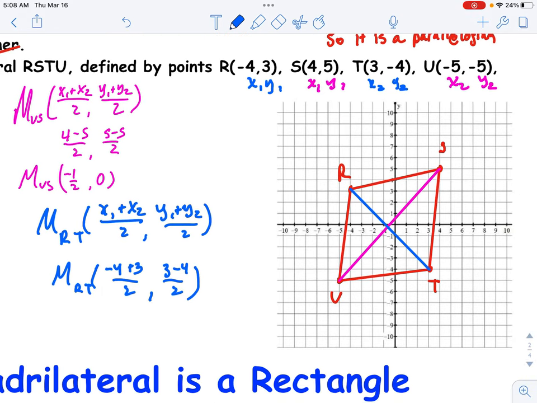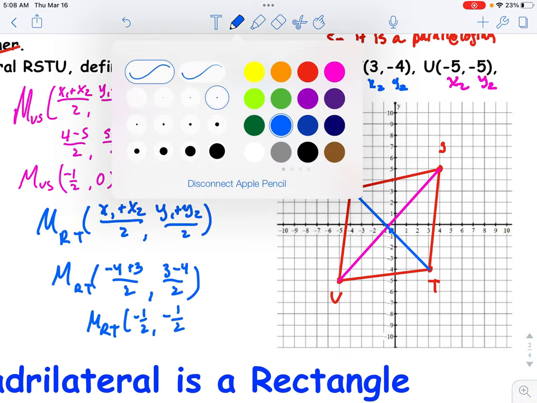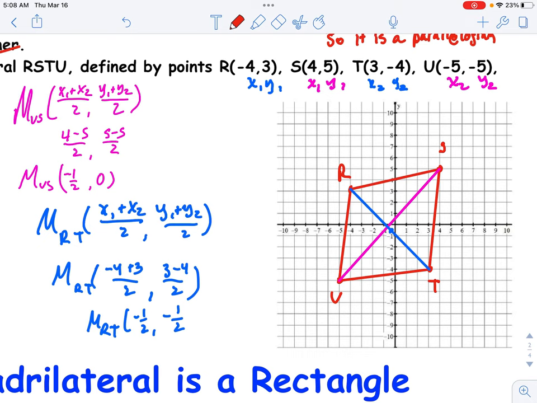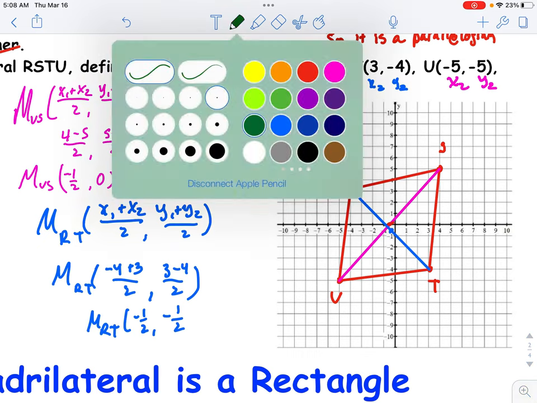Oh no. Alright. The midpoint here, it's going to be a different midpoint. Midpoints aren't the same. That's the midpoint there. That's the midpoint there. They're so close.